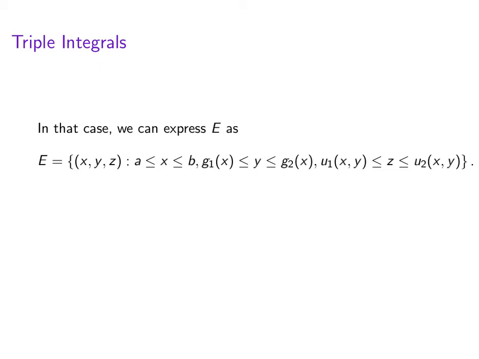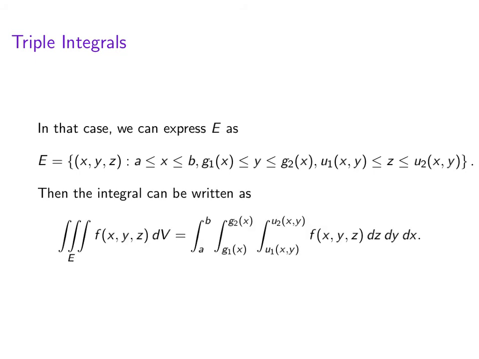In that case, we can express E like this. It's the set of all points, x, y, and z, where x goes between a and b, y goes between g1 of x and g2 of x, and z goes between u1 of xy and u2 of xy. And if we can express it that way, then we can write down the triple integral like this.